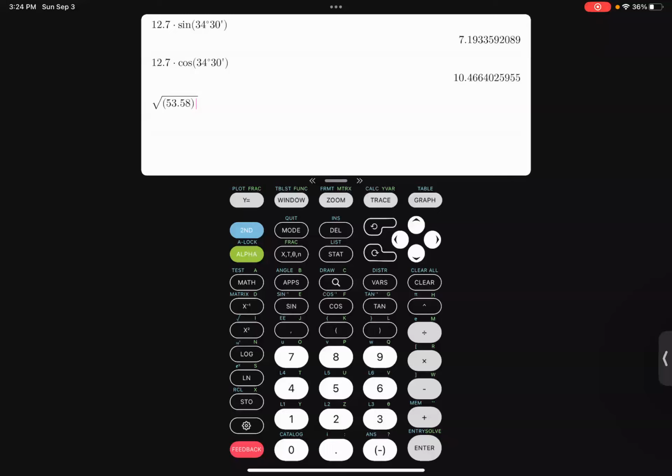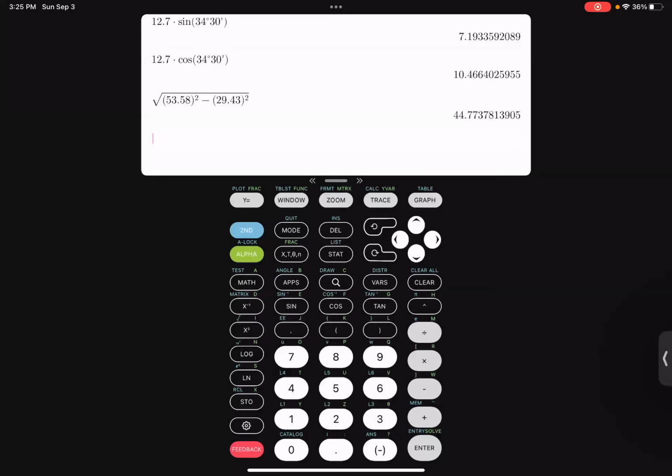How to click squared? You click x squared here. You see my cursor? Okay, and then minus the other one, 29.43, and then I click x squared. I squared it, then move my cursor outside of the square root. If there is no mistake, then hit enter.